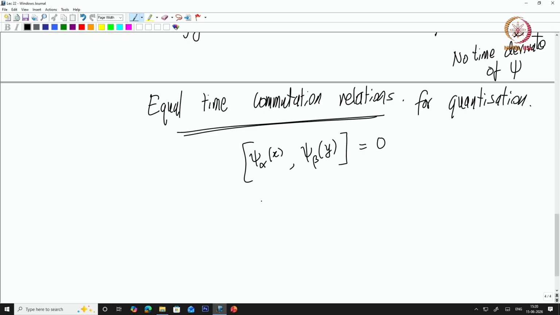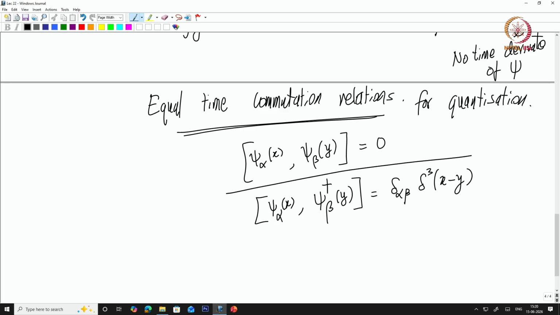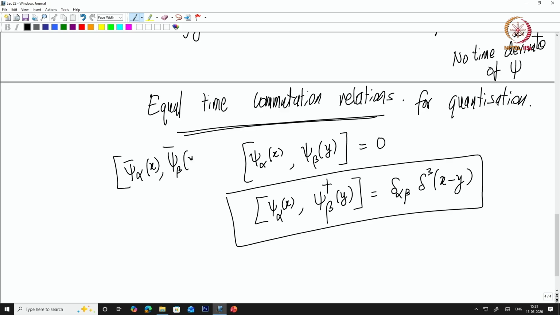The main important thing is psi alpha of x with psi dagger beta of y, this should be equivalent to delta alpha beta delta cube of x minus y. This is the imposition, the main thing essentially. So we want to put a commutation relation between them. And similarly you also have psi dagger alpha of x, psi dagger beta of y is equal to 0.